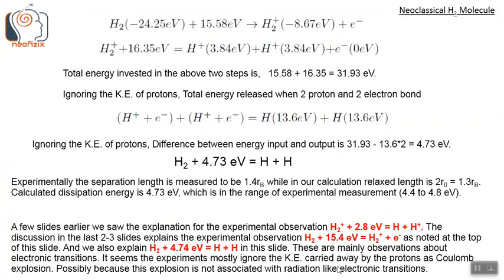So these are mainly observations about electronic transitions. It seems the experiments mostly ignore the kinetic energy carried away by the protons as Coulomb explosion. This is possibly because this Coulomb explosion is not associated with radiation like electronic transitions. That is, the electronic transitions are associated with radiation.